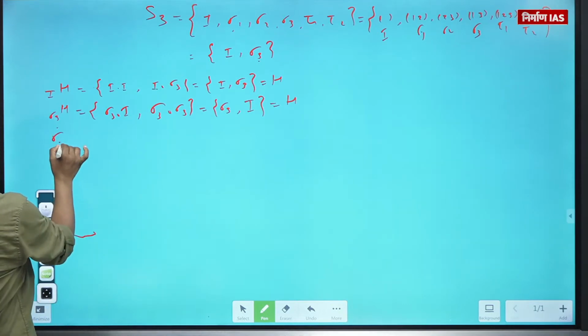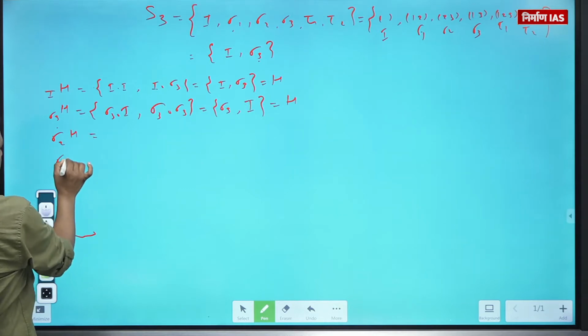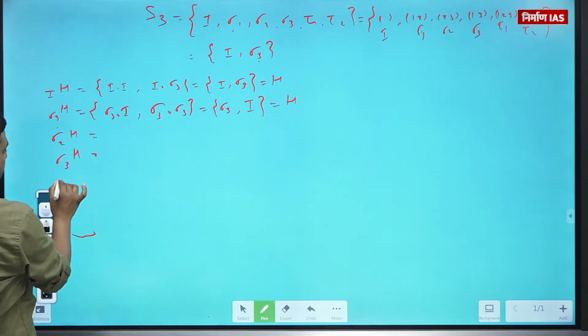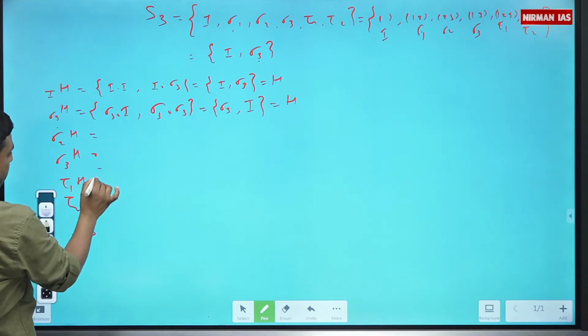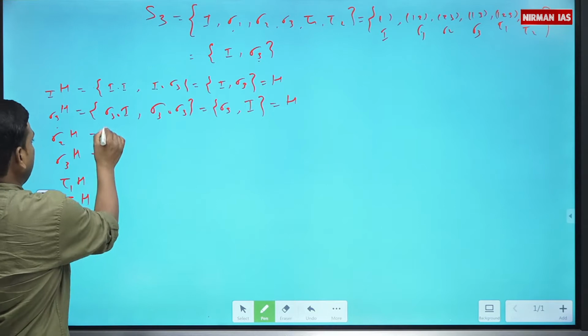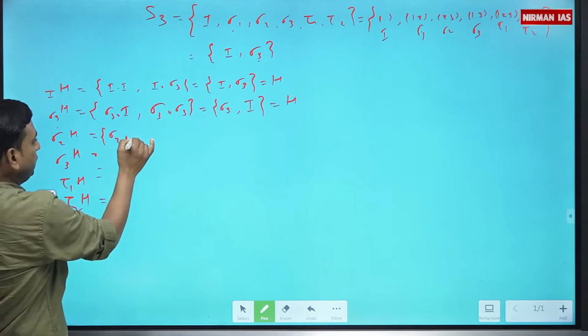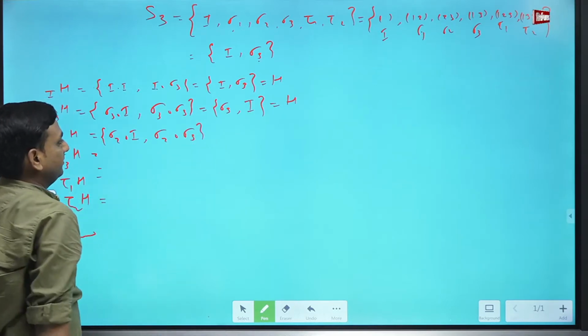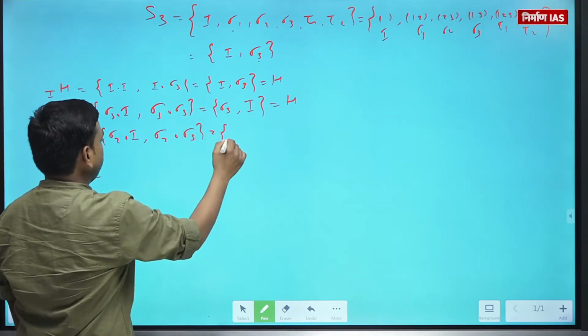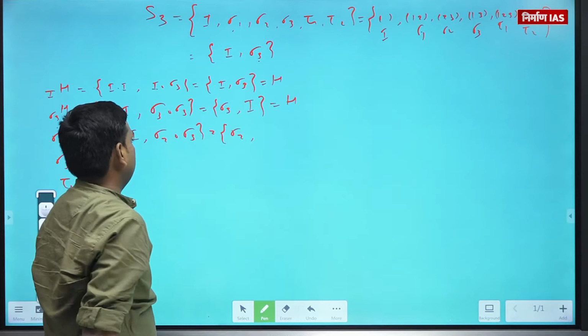Now let's try to find sigma 2H and sigma 1H as well as tau 1H and tau 2H. Is that fine? So this will be sigma 2 composition I and sigma 2 composition sigma 3.